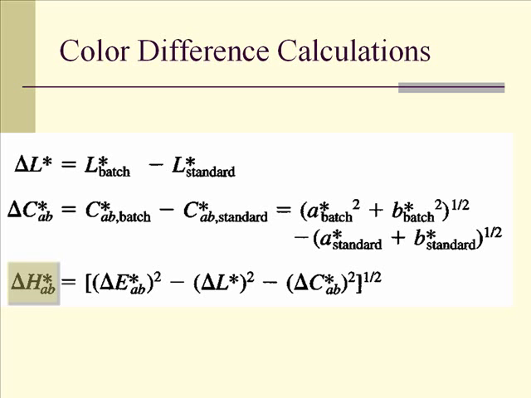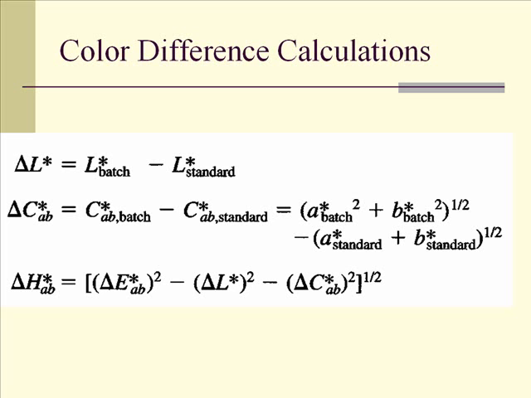Delta H, we can't calculate directly. Delta L we can calculate from the L of the batch and the L of the standard. Same thing with delta C. But for delta H, there are no two H values, one for the standard and one for the batch, that you can subtract.